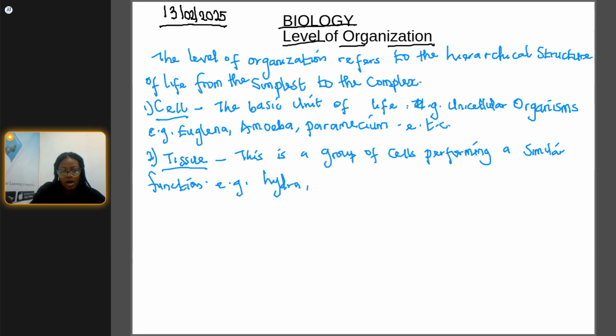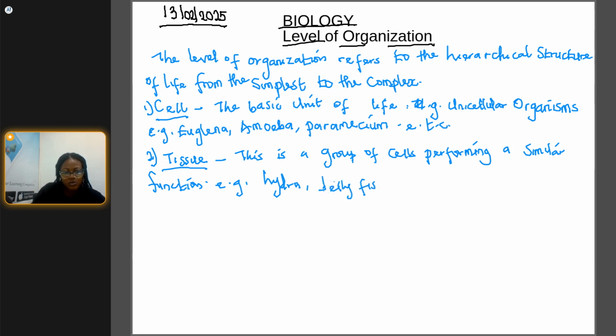So we have the jellyfish under the group of tissue.